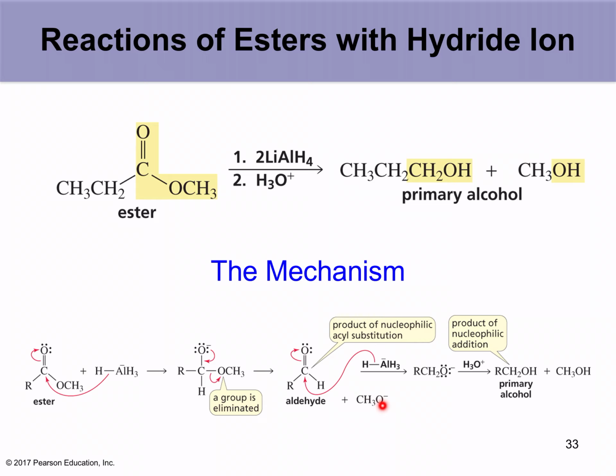And the second hydrogen from the aluminum hydride reagent attacks the carbon, and this will be added onto the carbonyl carbon. The pi bond opens up, you create this intermediate, RCH2O minus. And then when you add the acid in the second step, we can create the primary alcohol.